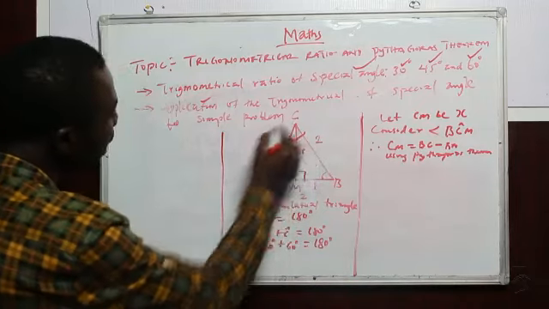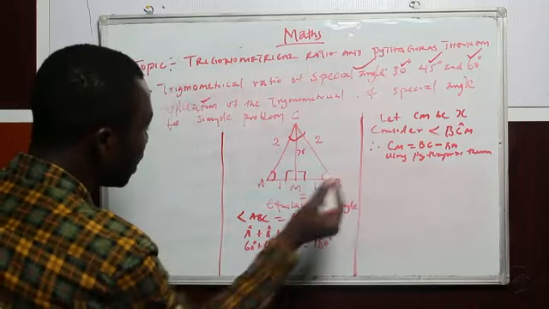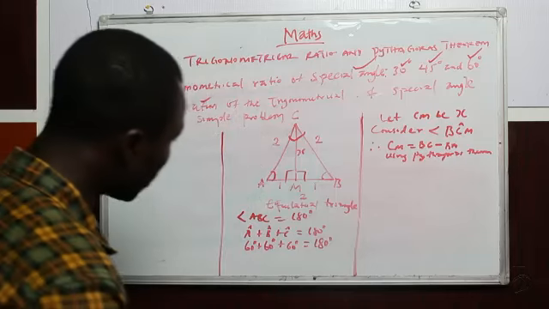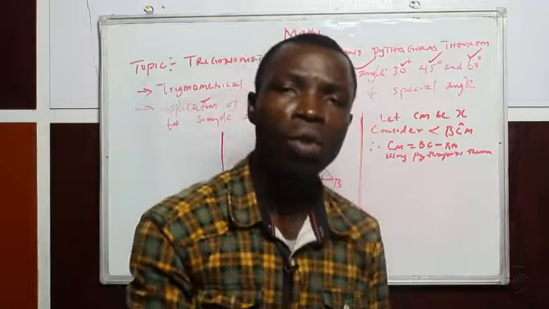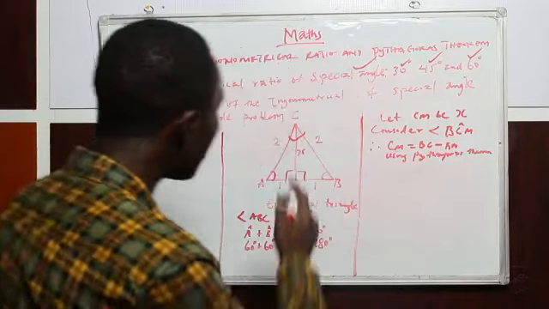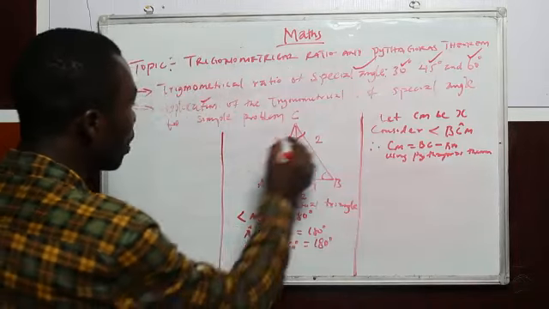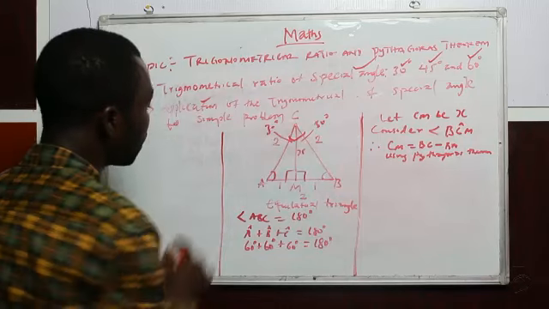And angle C is 60 degrees. Angle B is 60 degrees. Angle A is 60 degrees. The total sum of angles in an equilateral triangle is 180 degrees. Therefore, if a perpendicular slashes this triangle into two, this place will be 30 degrees. This place will be 30 degrees.